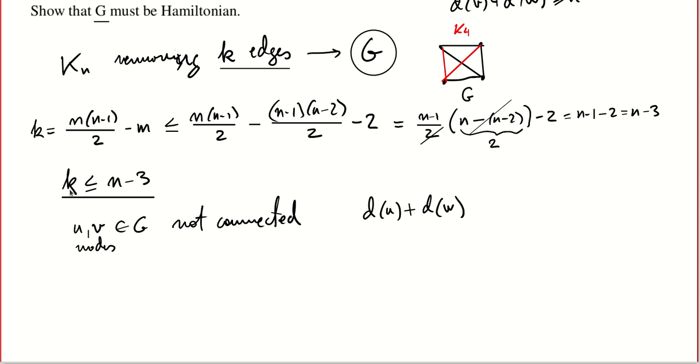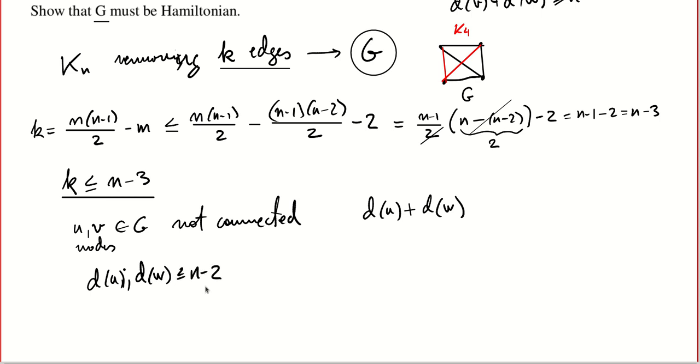So one of the links that we have to remove from the graph Kn in order to get G is the link that connects U and W. So at most, these two nodes have degree n minus 2.